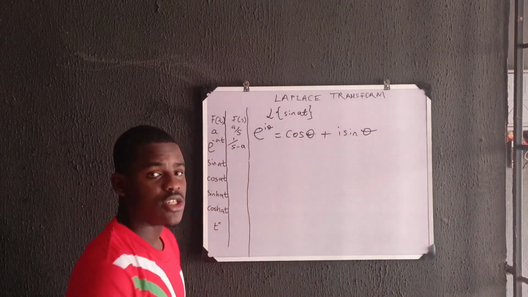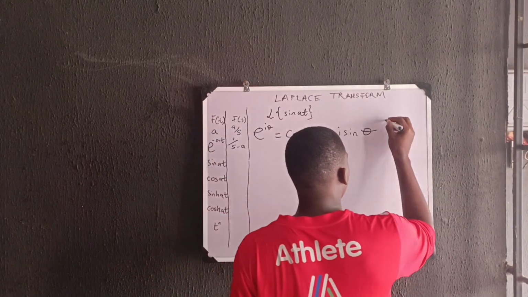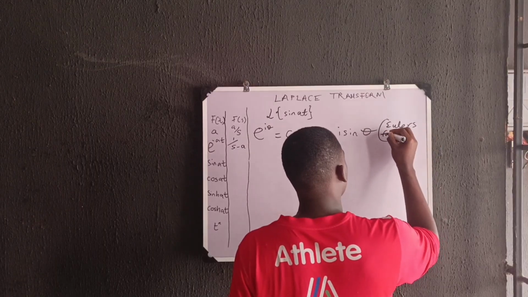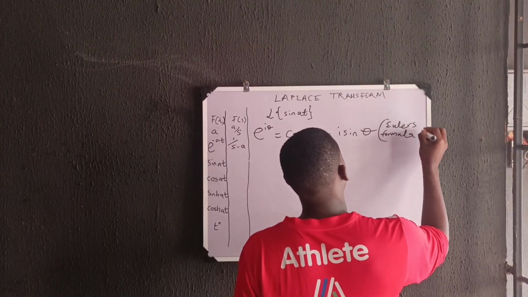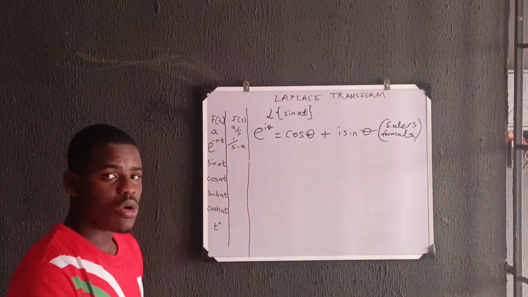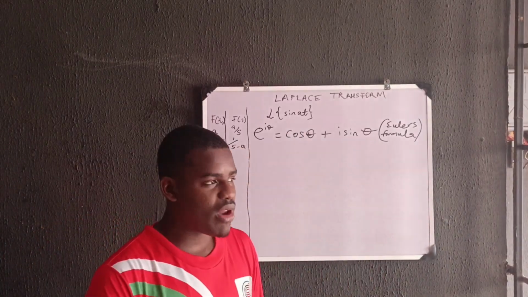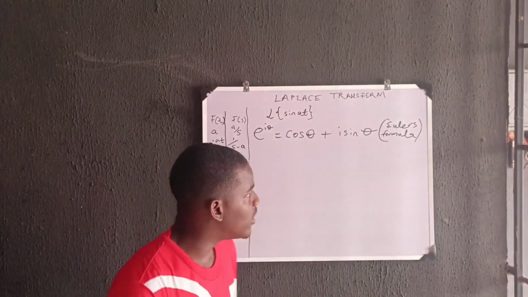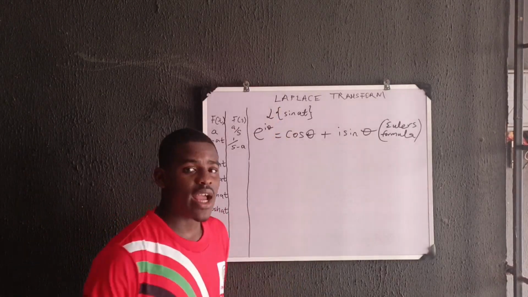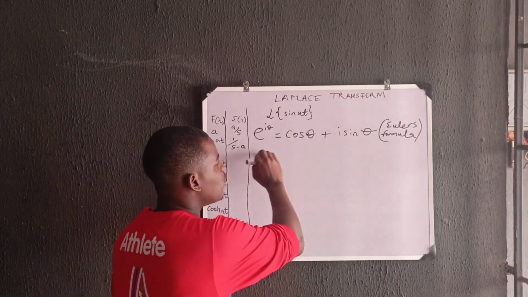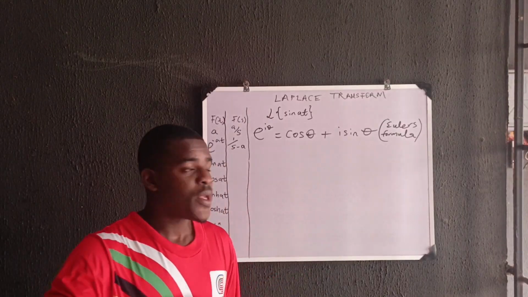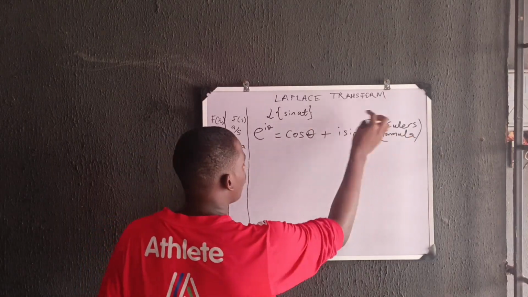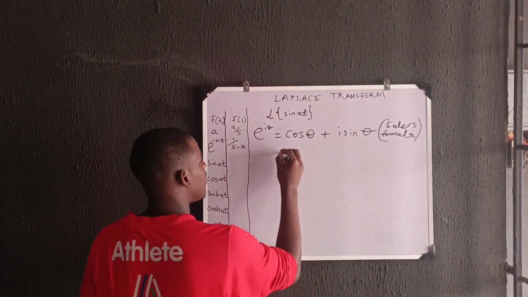This is called Euler's formula in complex numbers. To be able to solve for the Laplace transform of sine at and cos at, you have to know how to manipulate this.